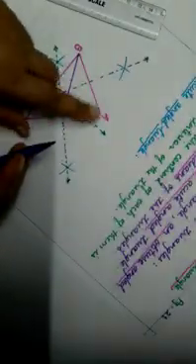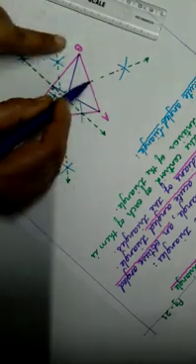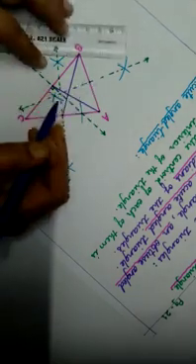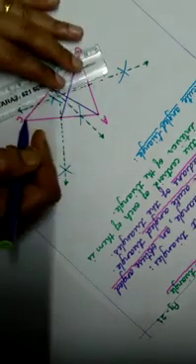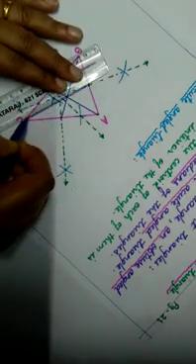And from C, the opposite side is AB, and the midpoint of AB is at this point. So we will join this midpoint to point C. Now we have drawn three medians, and their point of intersection, the point of concurrence of all three medians, is called point G.